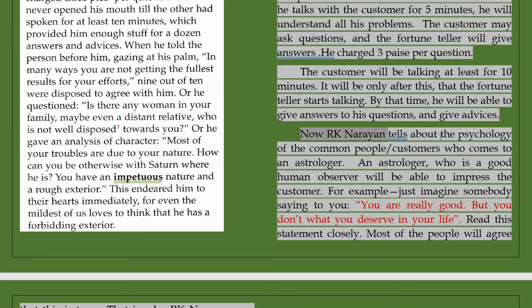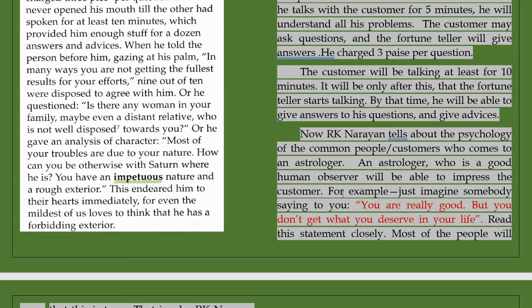Now R.K. Narayan tells about the psychology of common people or customers who come to an astrologer. An astrologer who is a good human observer will be able to impress the customer. For example, just imagine somebody saying to you like this: "You are really good, but you don't get what you deserve in your life."